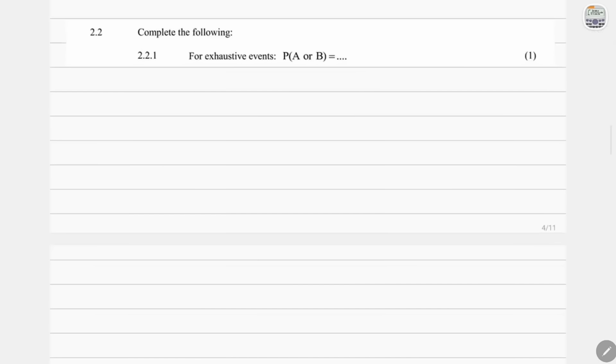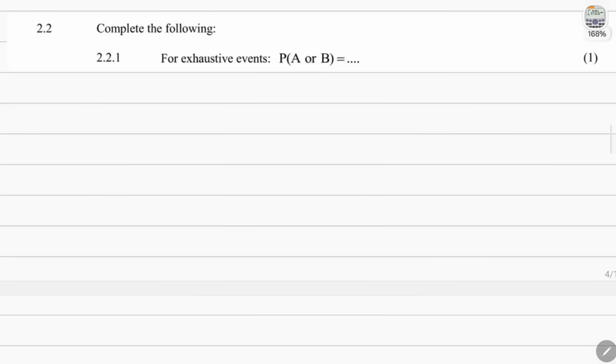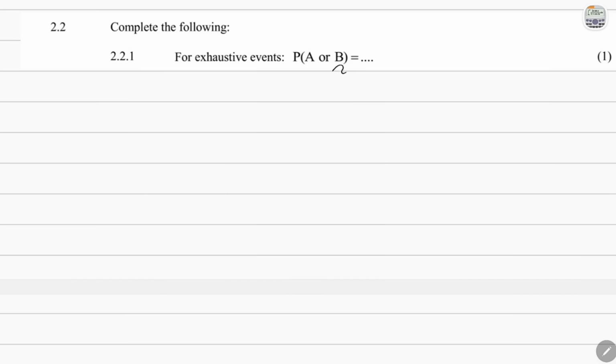Question 2.2 says, complete the following, and 2.2.1 says, for exhaustive events, probability of A or B is equal to. So when we're looking for the probability of A or B, you are adding the probability of A with the probability of B without including the addition of any intersection twice.